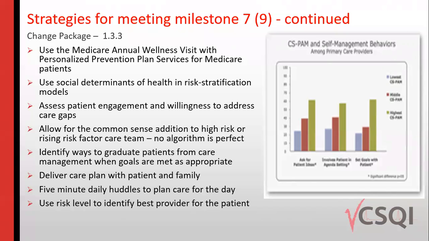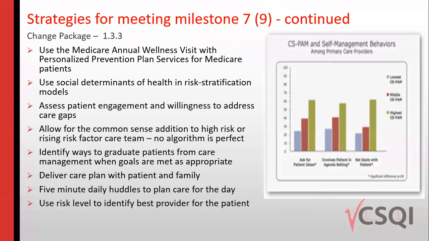Again, assessing patient engagement and willingness to address care gaps, allowing for the common sense addition to high risk for things that you know are going to put the patient at greater risk. No algorithm is perfect. Identifying ways to graduate patients from care management when goals are met as appropriate. Including the patient and family in the plan of care and giving it to them so they understand it.